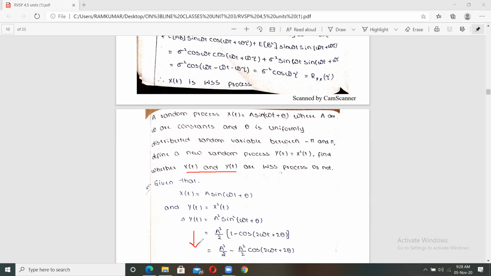We have not checked x of t, but in the previous problem we took x of t equal to A sin omega t plus theta in the limits 0 to 2 pi. The same procedure will apply to this problem also, but the only small change is that we have to change the limits from 0 to 2 pi to minus pi to pi.